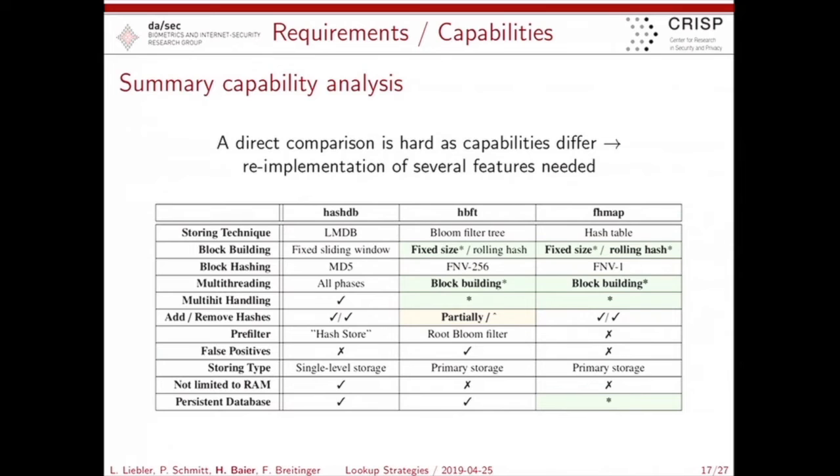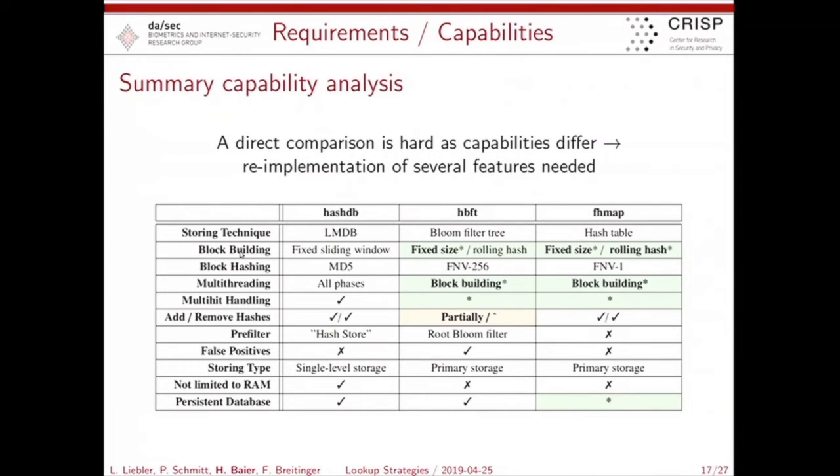So this is the core result of our capability and requirements analysis. In the left column are the main requirements and some further information. You see the storing technique, for instance. Block building means how to extract these characteristic blocks from a given file, from a given artifact.